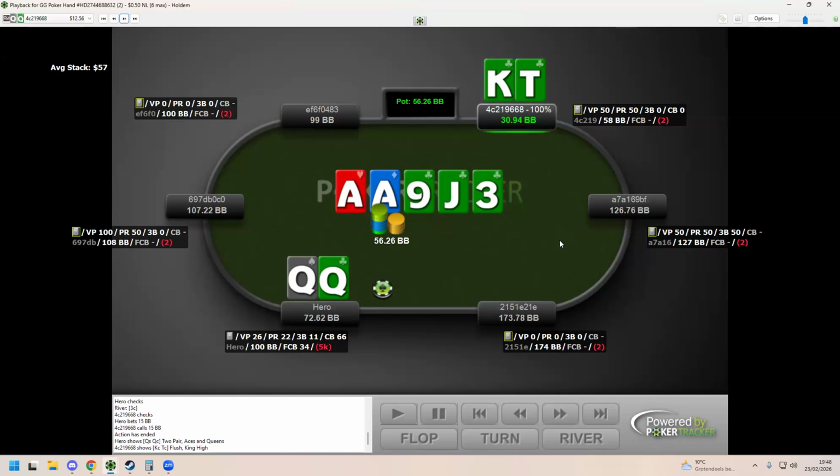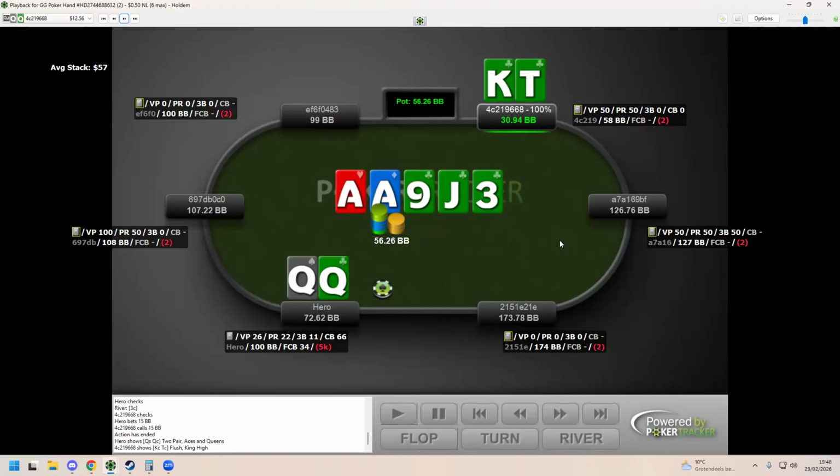He's scared. He only calls on the river. Well, the fact that he checks the river after we check back the turn. Yeah, but when you raise, he only calls. If he was trappy, he would have raised it. Yeah, so this is a calling station player basically. Yeah, this one's getting a note.